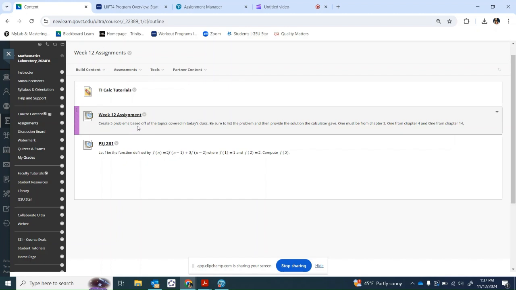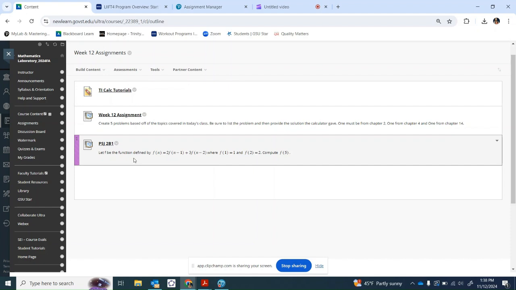You must have something from the chapter 2 algebra section, something from the chapter 4 algebra section, and something from matrices. And you're just going to create a problem, type it in. You can screenshot your answers and upload them. However you want to do that works, or you can just type the problem and type the answer in a Word document or in the comments. That's fine.